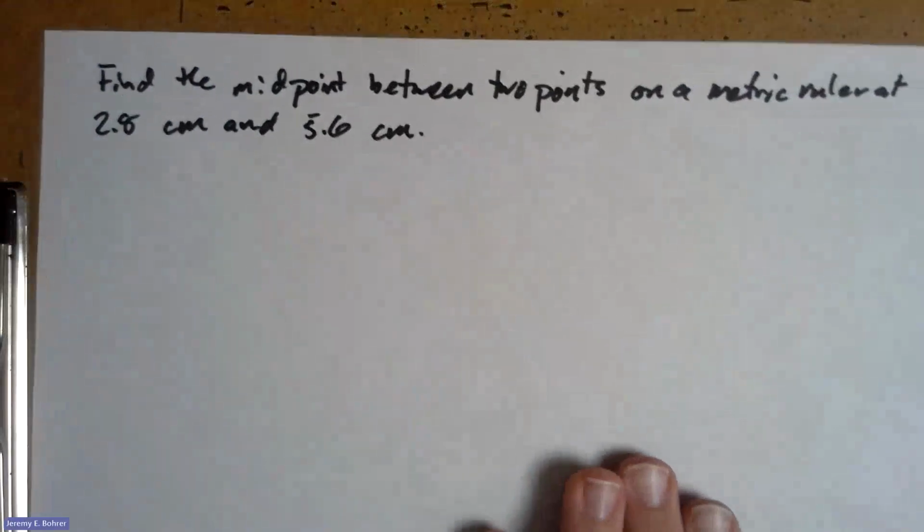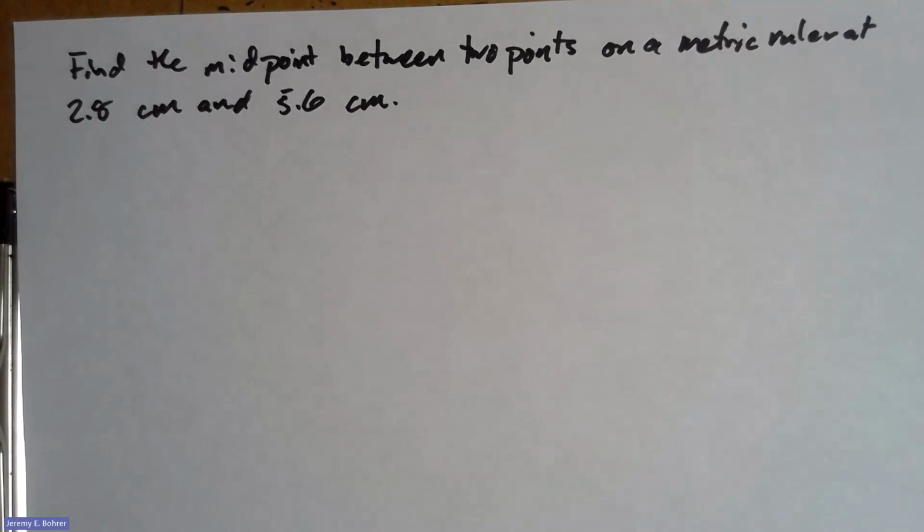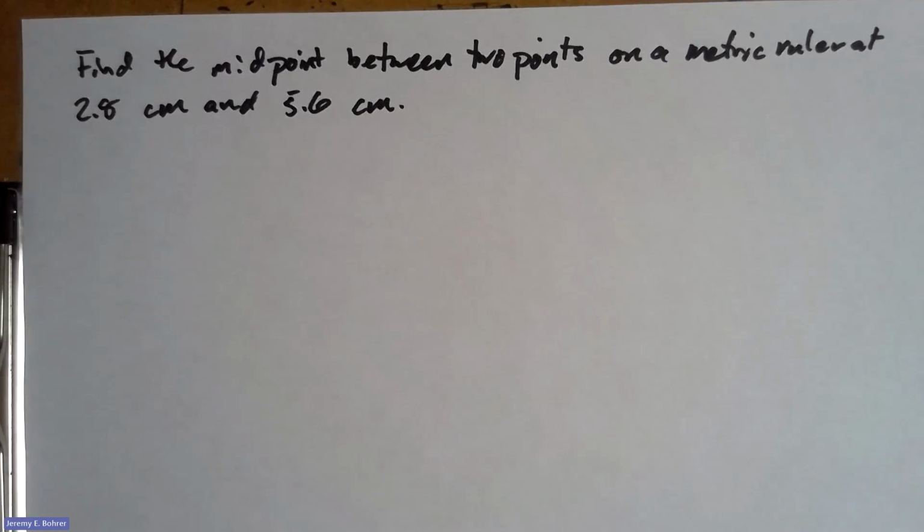Finally, here we're asked to find the midpoint between 2 points on a metric ruler at 2.8 centimeters and 5.6 centimeters. To do this, we're just going to add these and divide by 2.